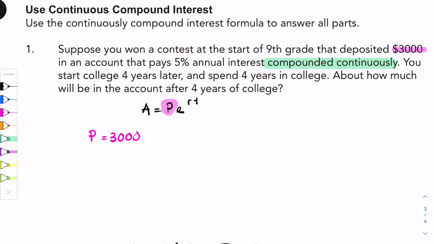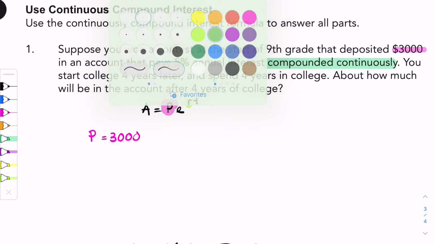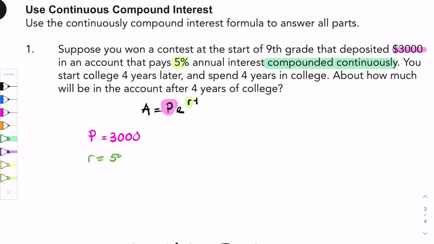E is going to be in our calculator. Next, we need to look at the rate. And the rate tells us it's 5% annual interest. That would be as a decimal 0.05. And lastly, we're looking at time. This says we want to know after 4 years of college how much will be in the account. Well, we earned it at the start of 9th grade, 4 years later, and then 4 years in college.